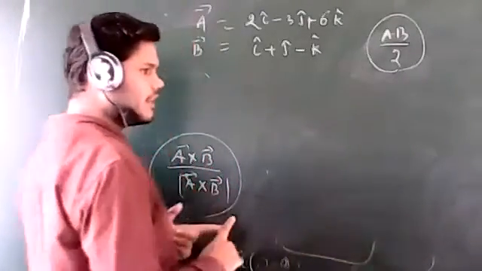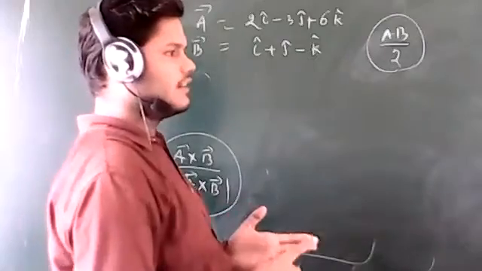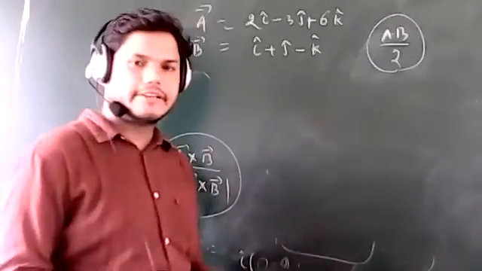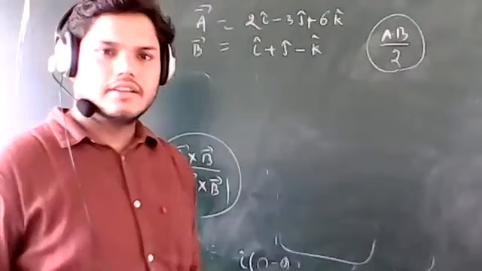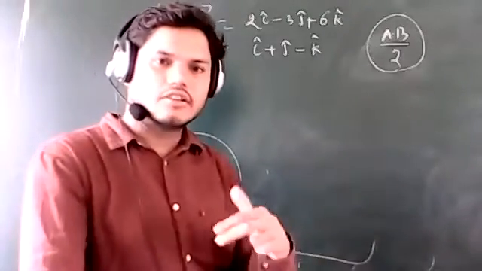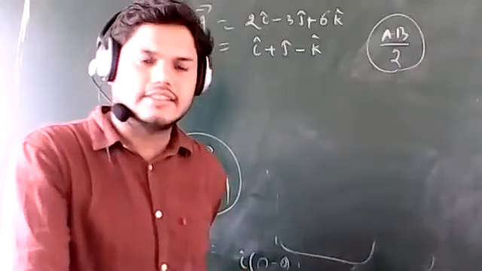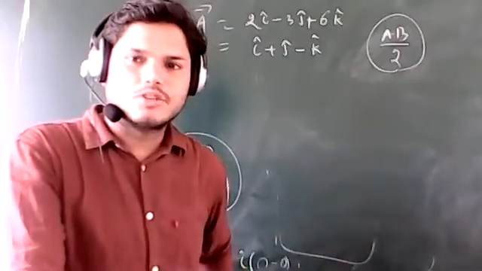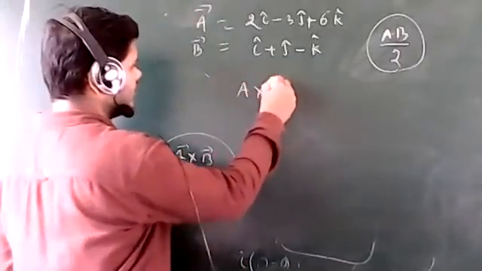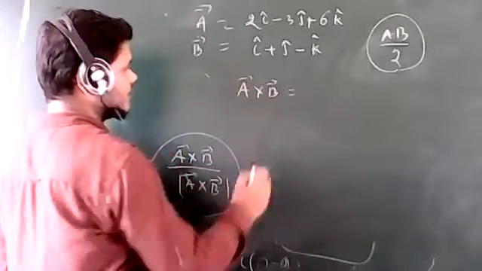Only length is given, that is 7. And it is perpendicular to A vector and B vector. This type of question is very confusing. If you understand what the question is asking, then you can answer it. So tell me what is the value of A cross B.